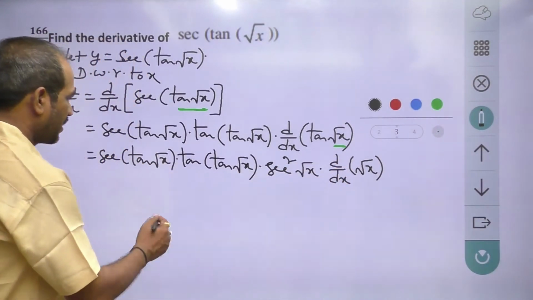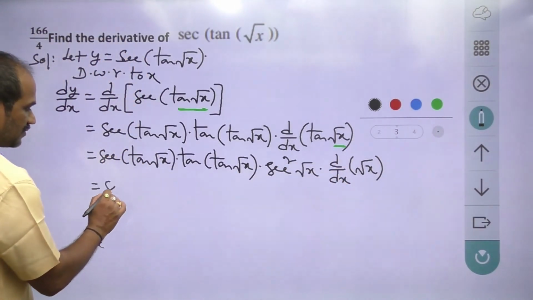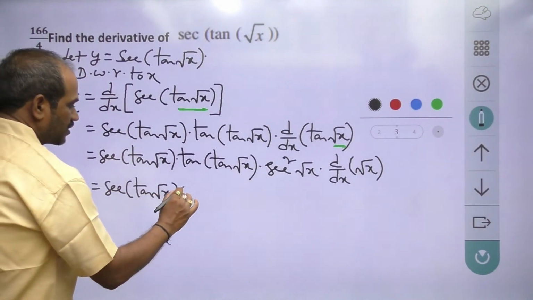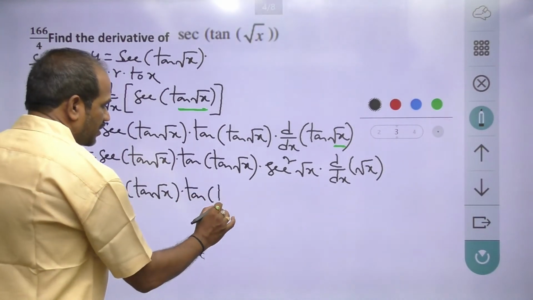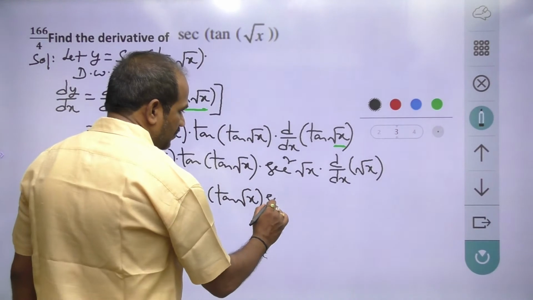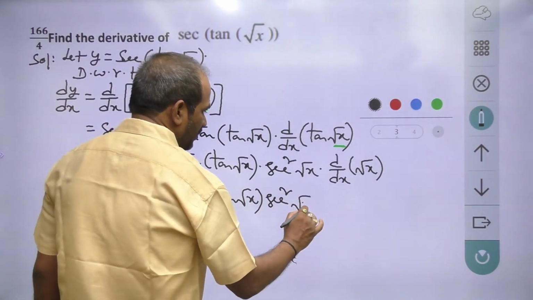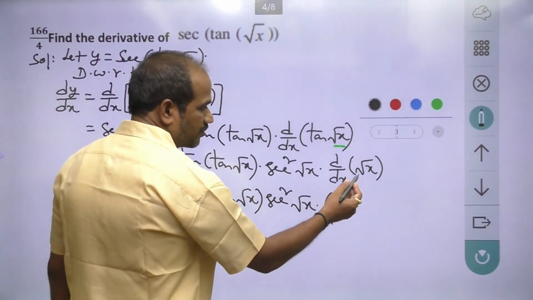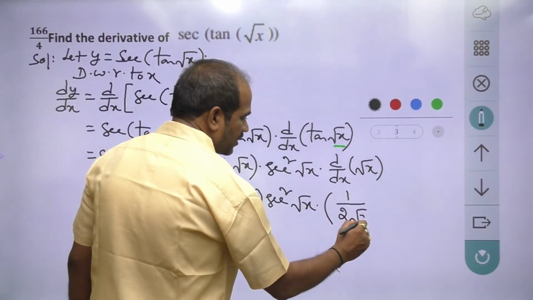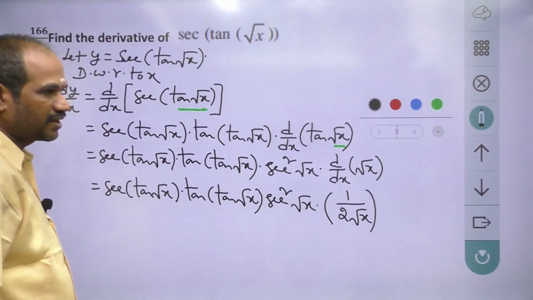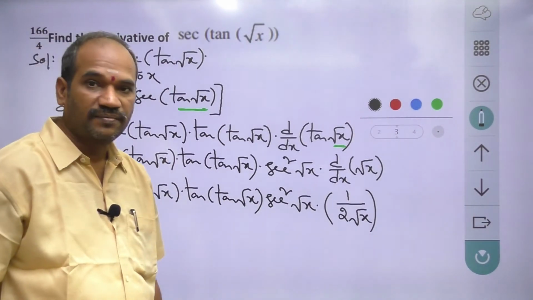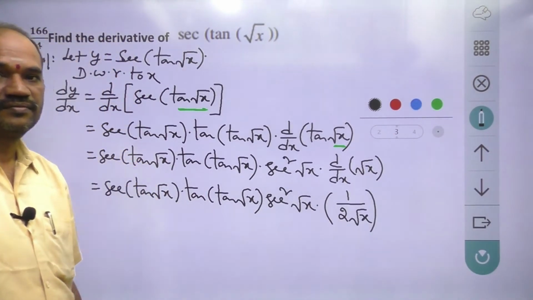So that is equal to secant of tan of root x into tan of tan of root x into secant square root x into d by dx of root x, and d by dx of root x is 1 by 2 root x. This is the final answer. Write this question.